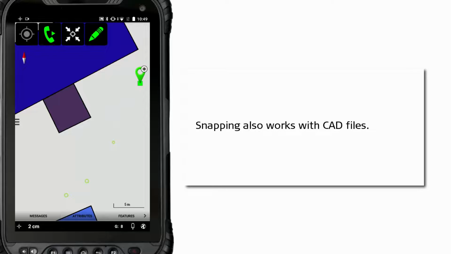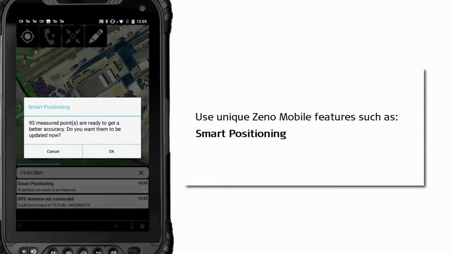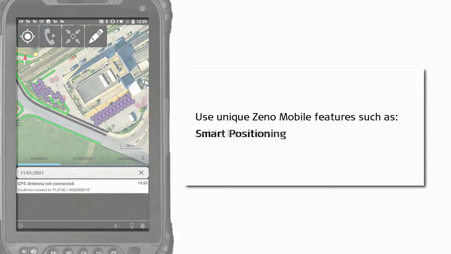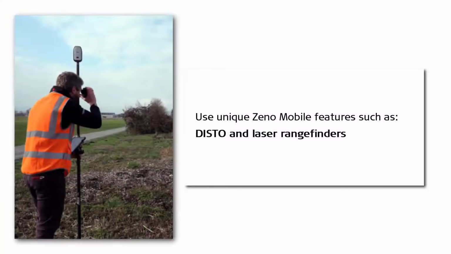Snapping also works with CAD files. Use unique Zeno Mobile features such as multi-collect, smart positioning, cable locators, disto and laser rangefinders.